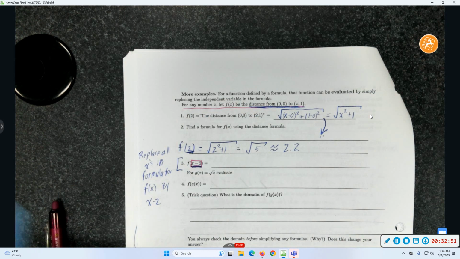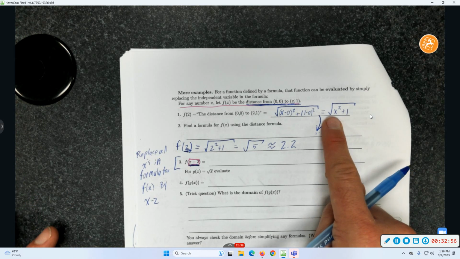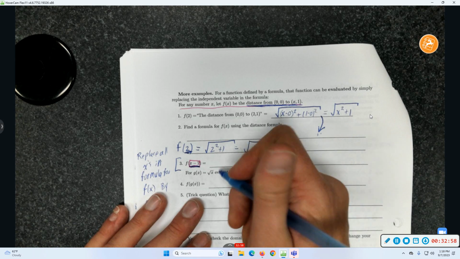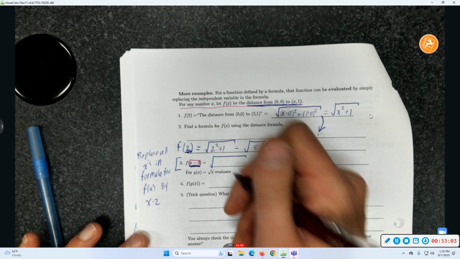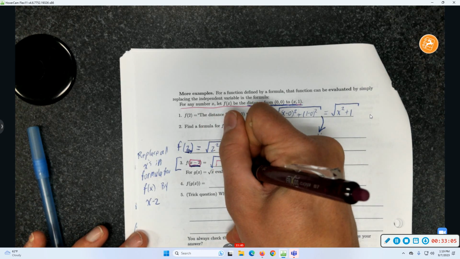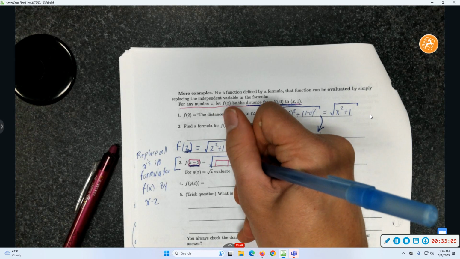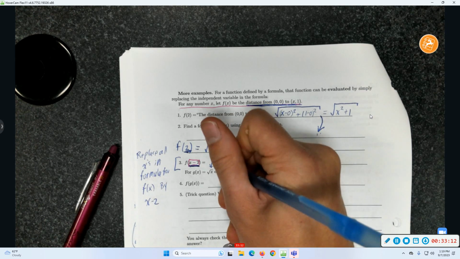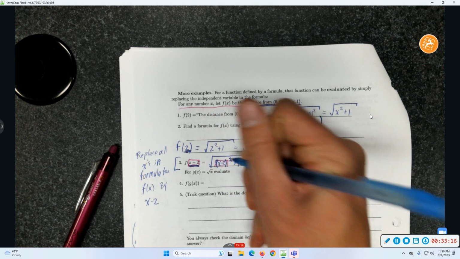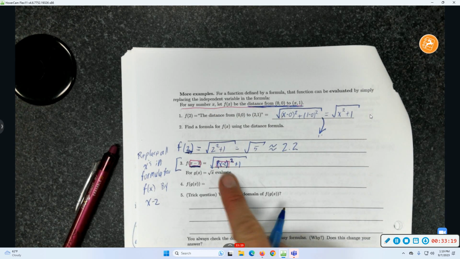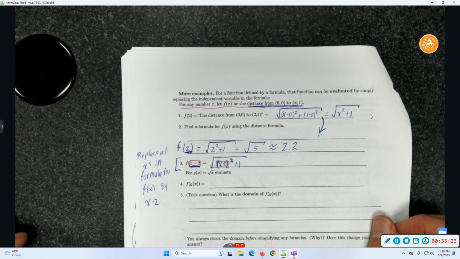I'm going to think about what f of box means. I have a formula here. F of any input is that input squared plus 1, then take a square root. So f of box will be: take box, square it, and add 1. And you know what goes in that box? X minus 2 goes in the box. Those parentheses matter a lot because you need to make sure you're squaring all of x minus 2.